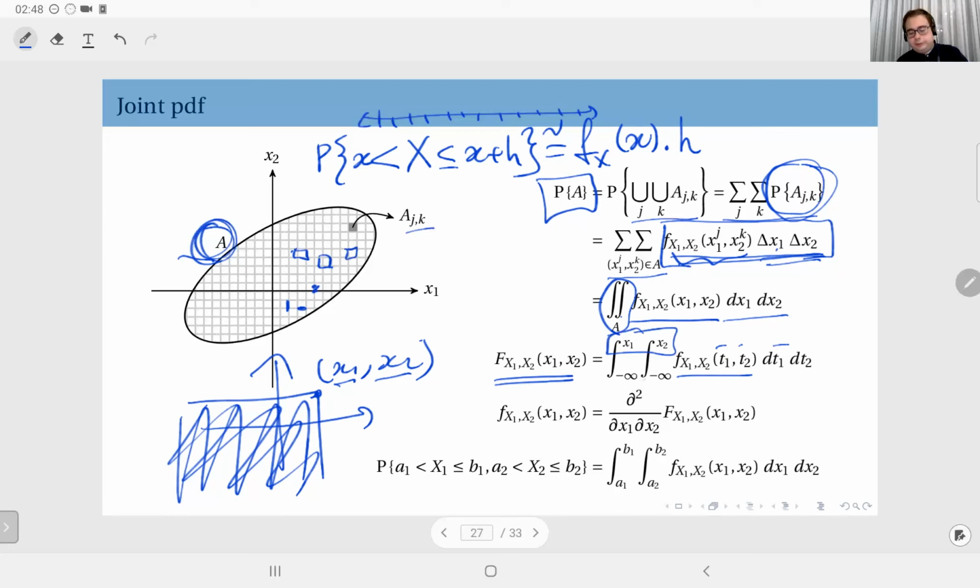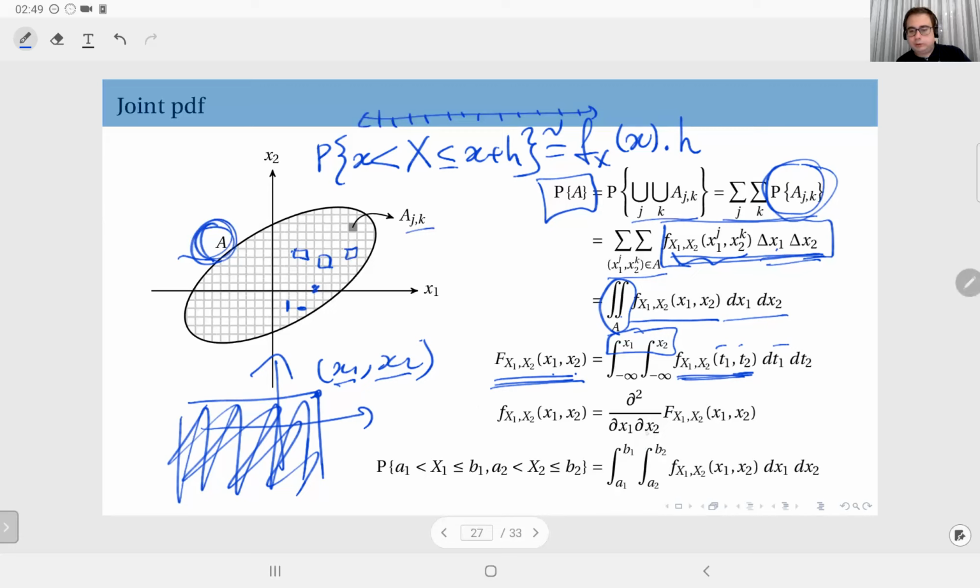Therefore, when you have this relationship, I can write the joint PDF as the second-order derivative of the joint CDF with respect to x1 and then x2. In general, the distributions we deal with will be indifferent to the order of the differentiation here. So we are excluding some pathological cases.